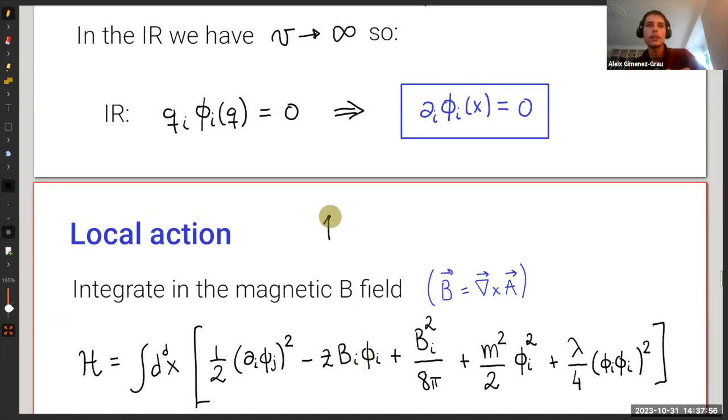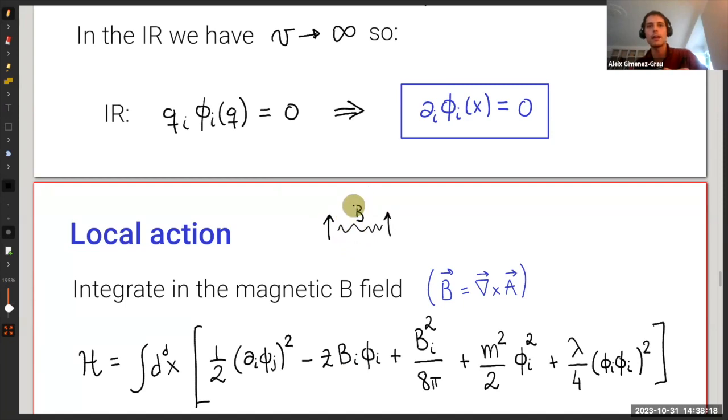I have some spins, and I'm saying that these spins interact through dipolar effects. Instead of saying that they have some non-local interaction, I introduce some other thing that I call B, which is the magnetic field, the field responsible for this interaction. So I'm integrating in the magnetic field.